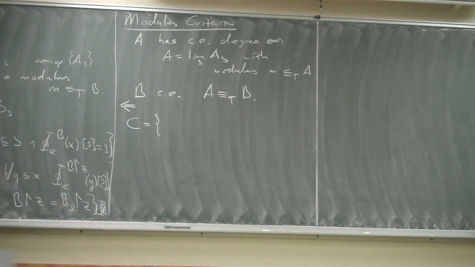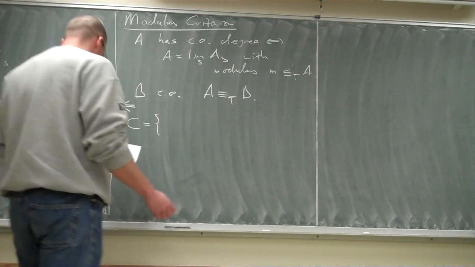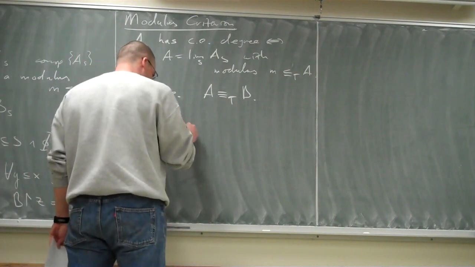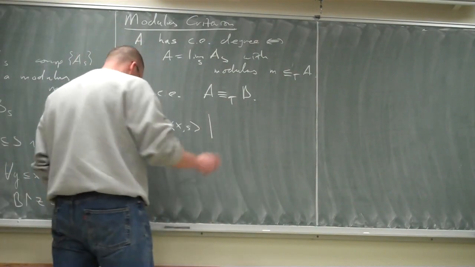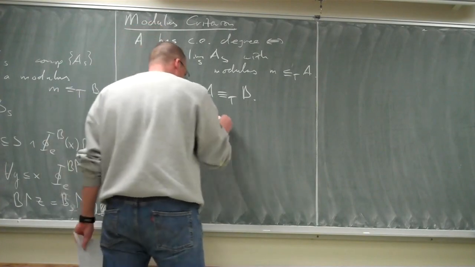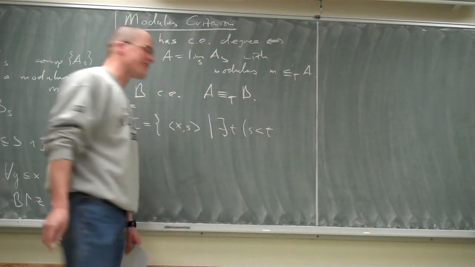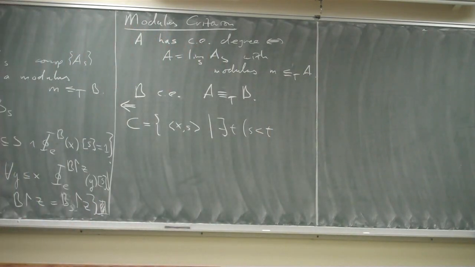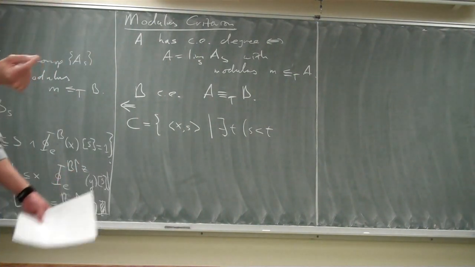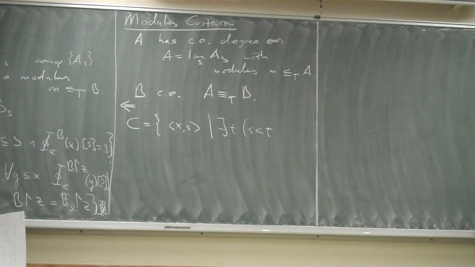So C is called the chains set of A, and it consists of those pairs x comma s, such that there exists a t greater than s such that A_s(x) is not equal to A_t(x). The pair x comma s is going to say something about the member x and the time s, and what it is saying is, for this s, there exists a time later where the approximation changes.